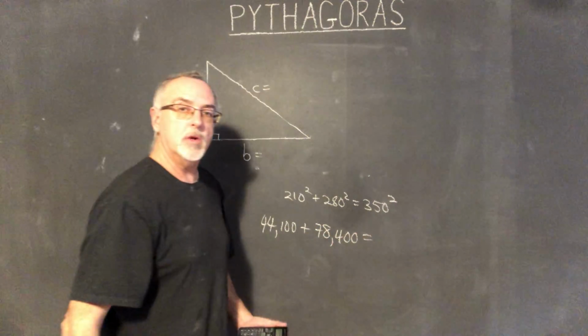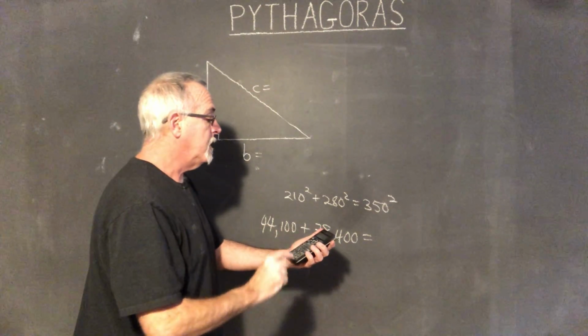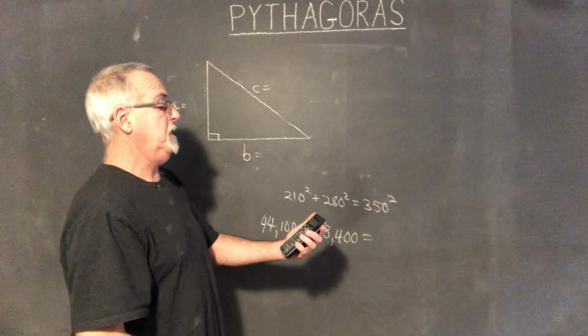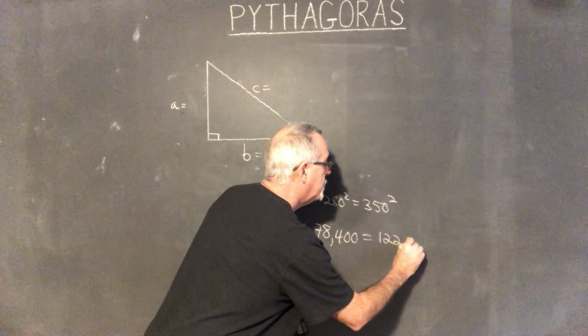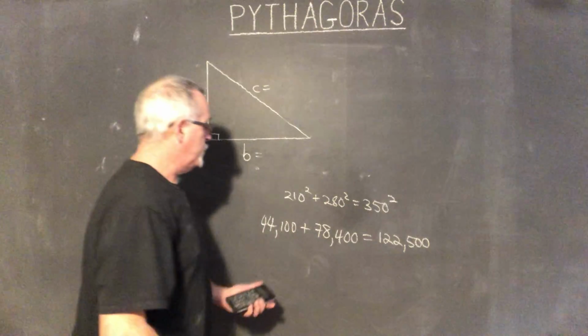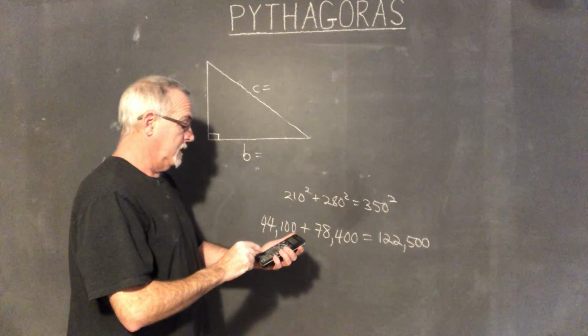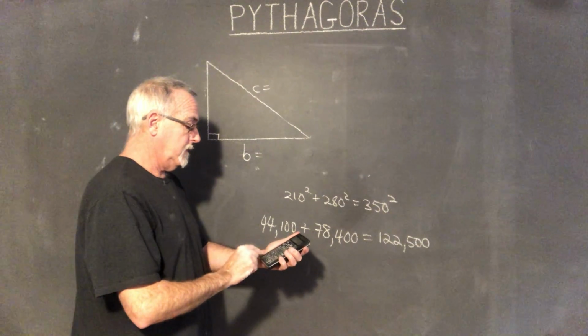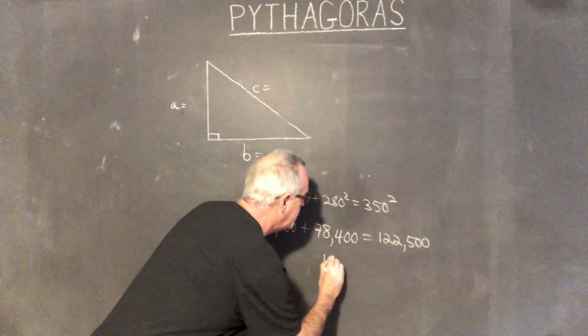It doesn't look quite so clean, but I still don't have decimals here. 350 squared, 122,500. Is it true? 44,100 plus 78,400 equals, yes, 122,500.